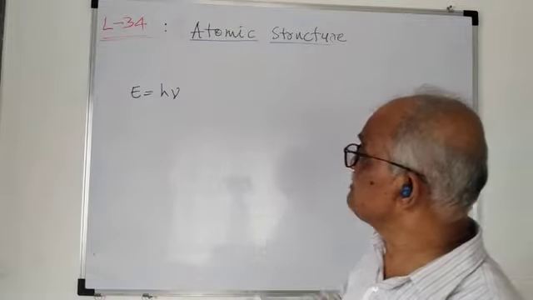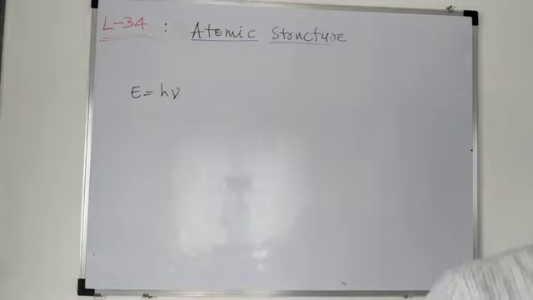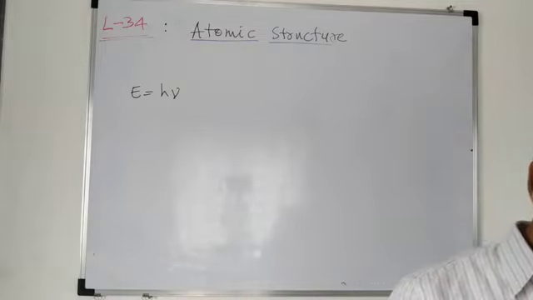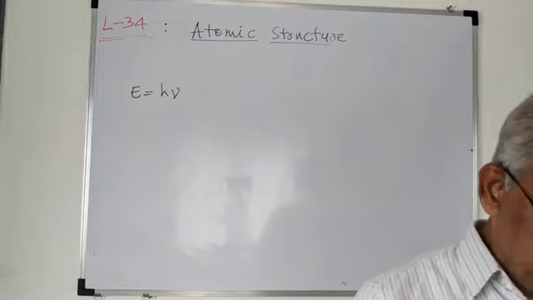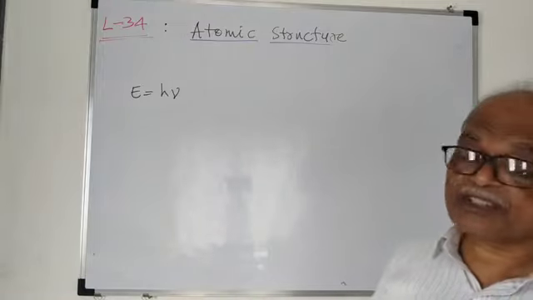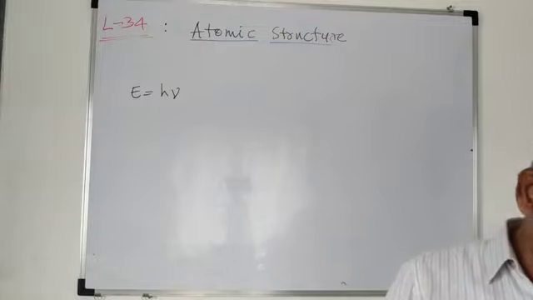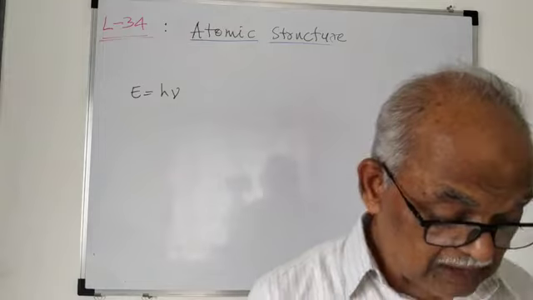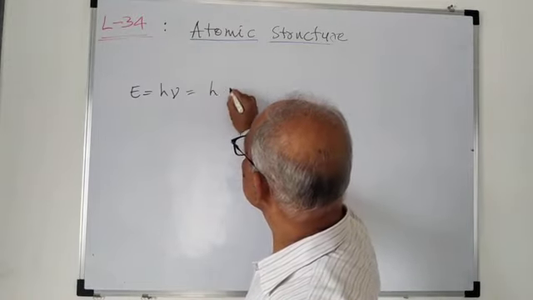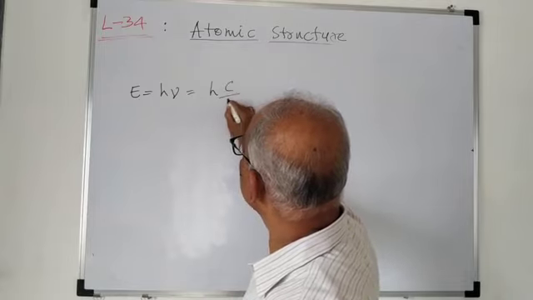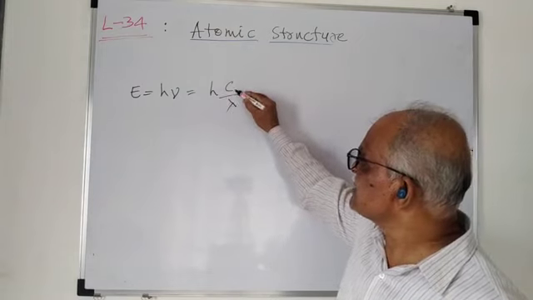Here h is Planck's constant and nu is the frequency of the light. This energy is also equivalent to another term, that is h into c upon lambda, where nu is given by c upon lambda.